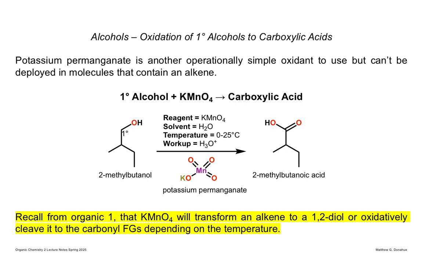I would say it's probably lesser used, but KMnO4 is pretty cheap, so it's still a valid transformation. So again, oxidation state 1 to 3. So there's 2 ways that we can do that.